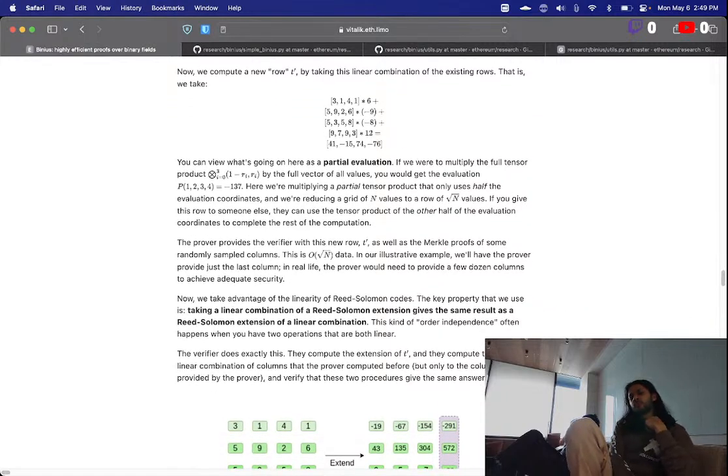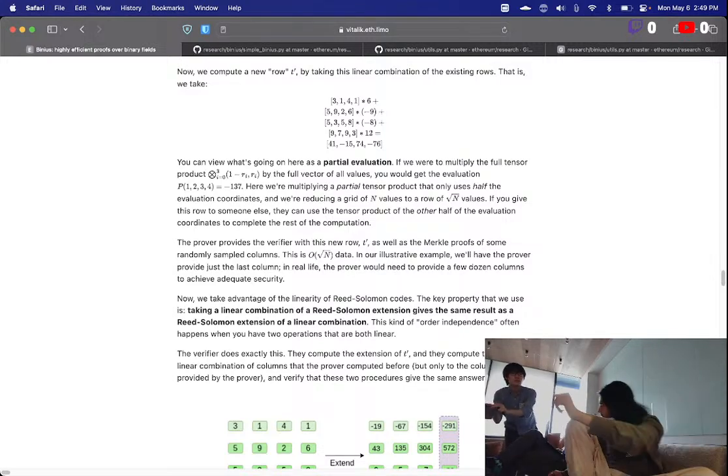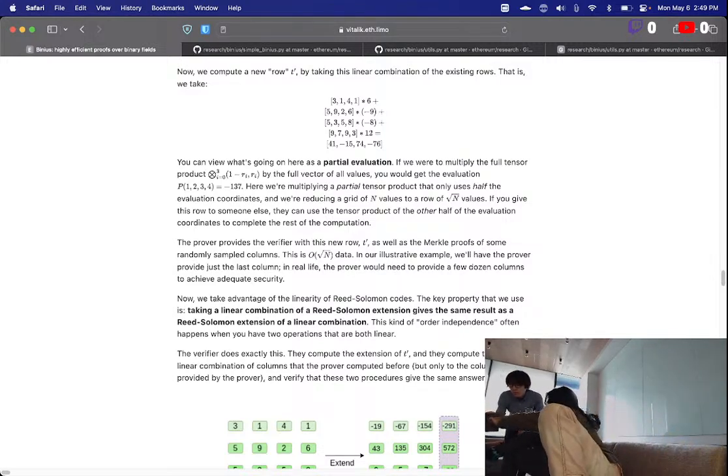Also, how is he getting 3141 times 6 equals 41? Where is this coming from? Or that partial evaluation, what is he actually doing there? Do you mean this part? The first line here.